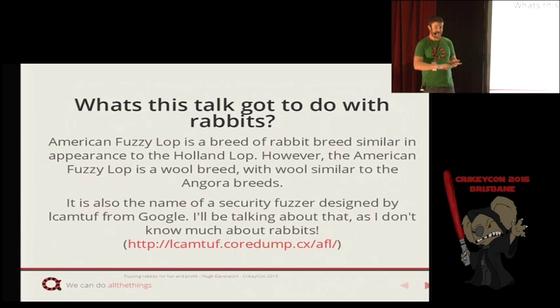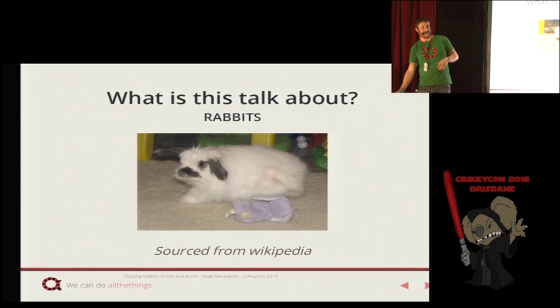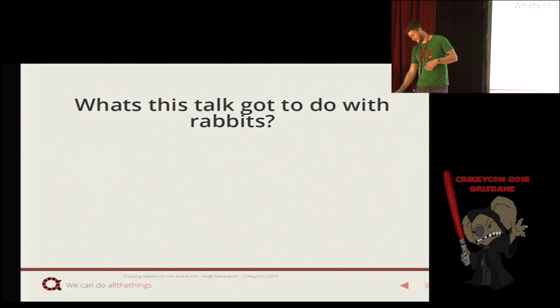And that's about where my knowledge on rabbits ended. American Fuzzy Lop is also a tool made out of Google, which is a security fuzzer, commonly called just AFL, which is a lot easier to say than American Fuzzy Lop. The rabbit I had before is actually a picture of an American Fuzzy Lop.